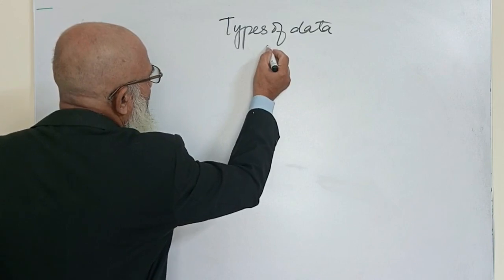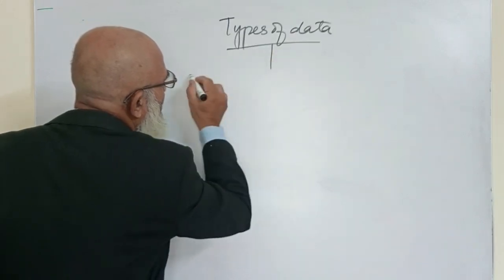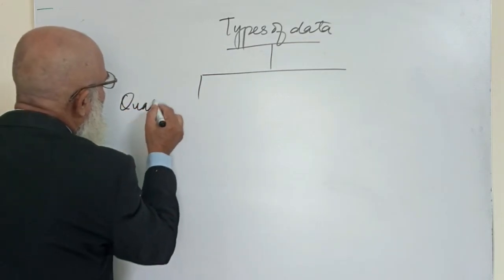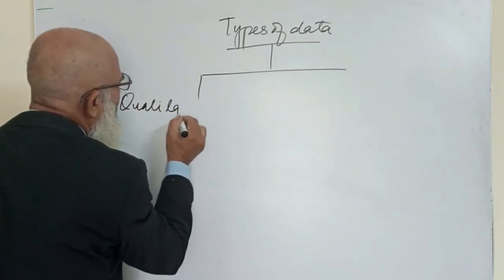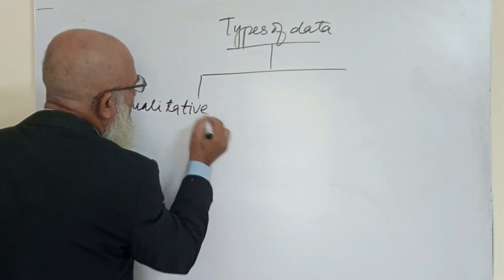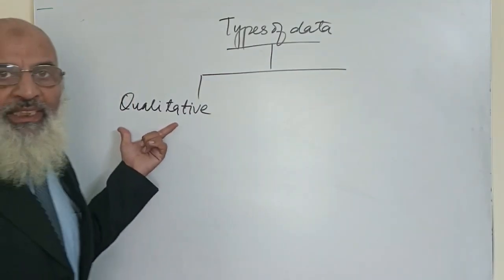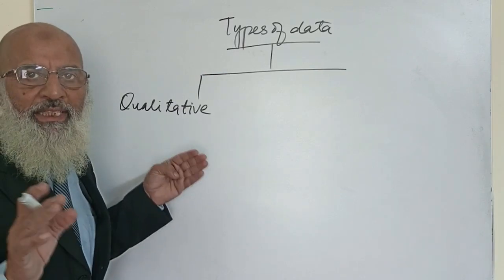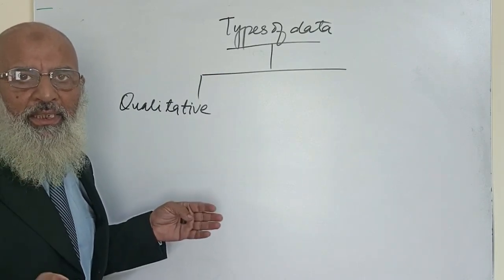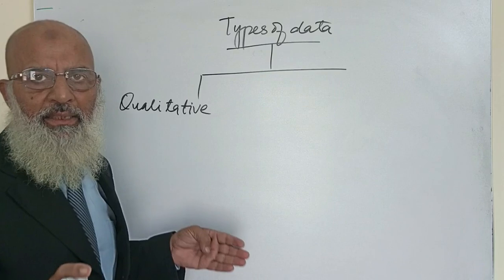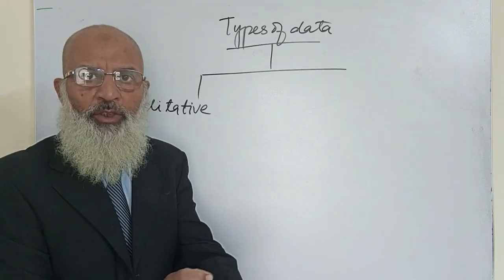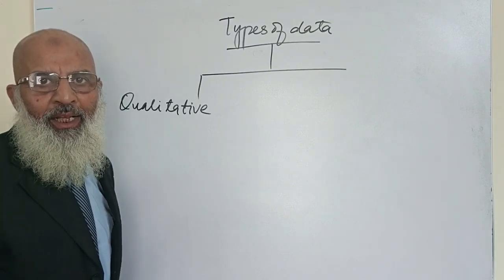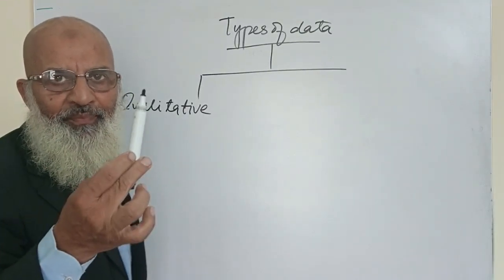It will be qualitative. You know the word quality. Qualitative comes from quality. What is the quality of anything? What is the quality of this coat? What is the quality of this pen? It is black.